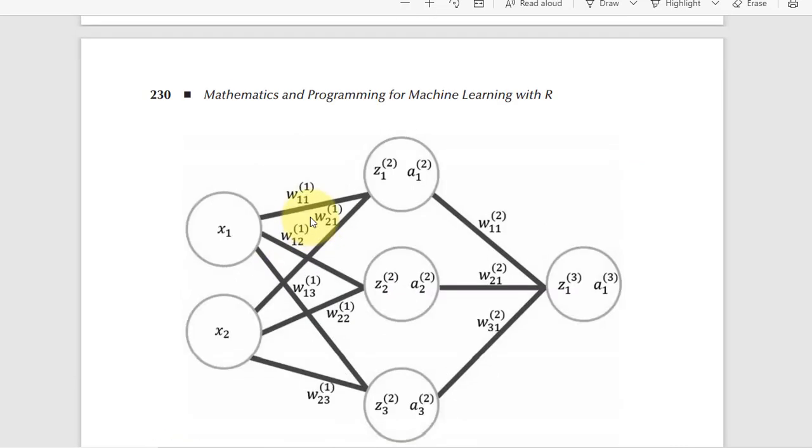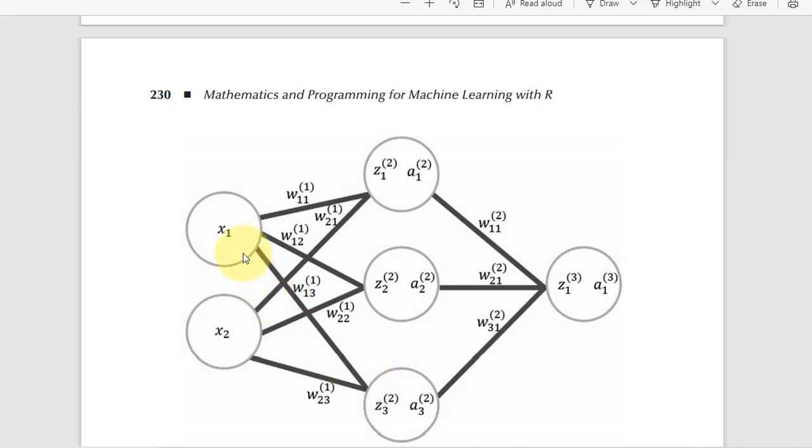Now, if we set them up right, we want to be able to say that the matrix that contains these two, when matrix multiplied with this weight matrix, which contains all of these, gives us the output Z1, Z2, and Z3.